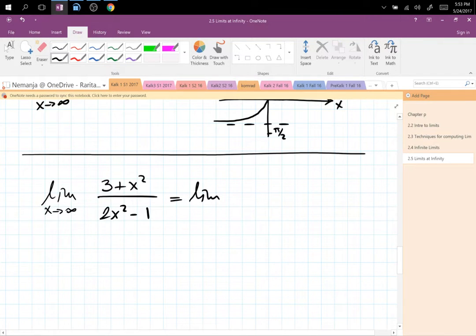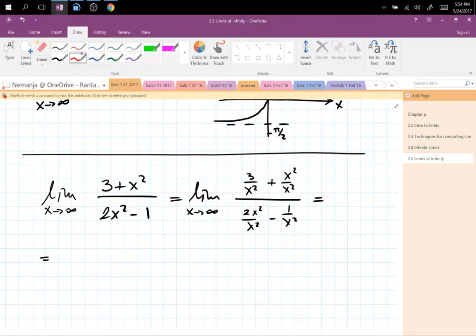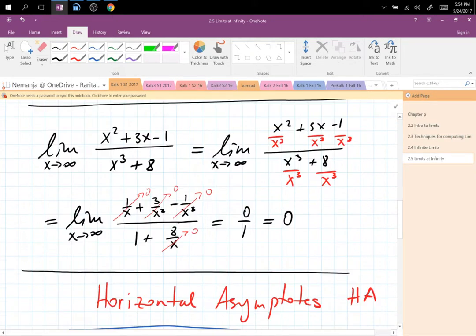But then, this being calculus, we are going to do the awesome thing. Because eventually someone is going to ask why, and I have to cover that. So what do we know? This is going to go to 0 because limit of 3 over x squared, right?